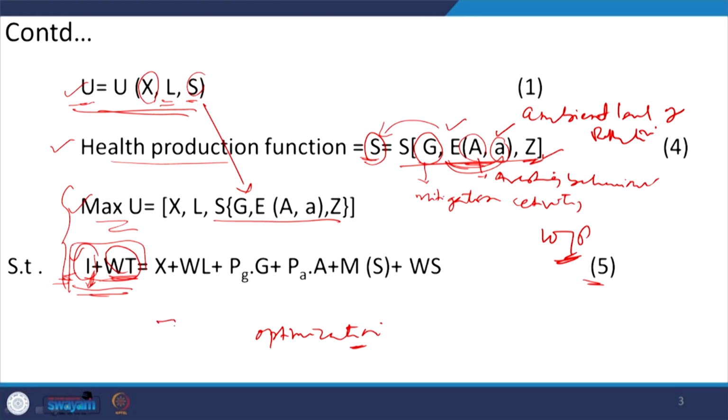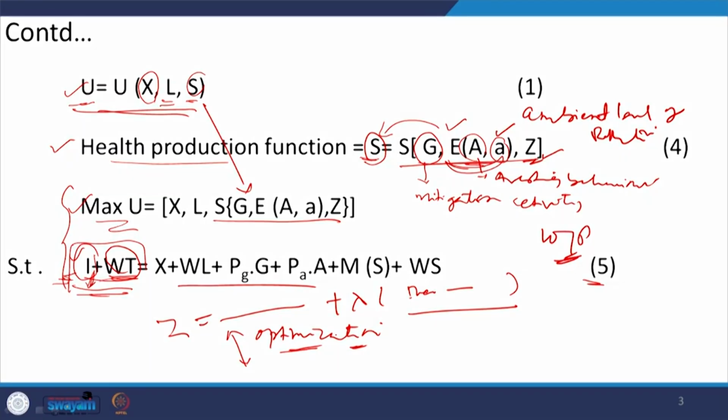So, let us say Z is this utility function plus lambda times this income constraint minus this one. The rest of the things you can solve by this optimization method.